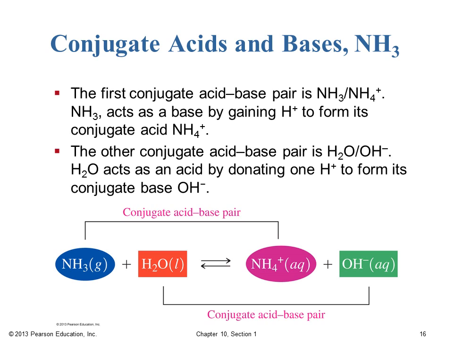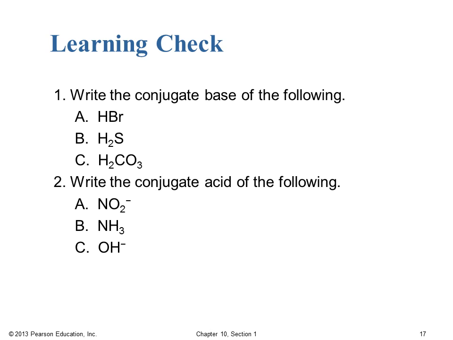So if we look at the reaction on the bottom, we have the conjugate acid-base pair of NH3 and NH4+. They differ only by one H+, or one proton. We also have another conjugate acid-base pair of H2O and OH-. They only differ by one acidic proton, one H+. And so we have those relationships in this reaction.